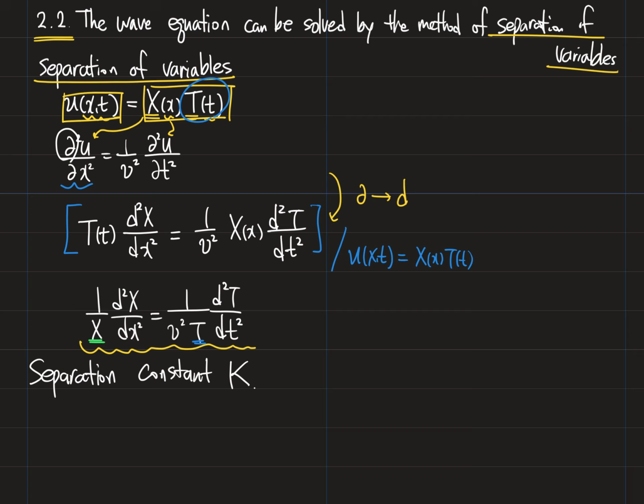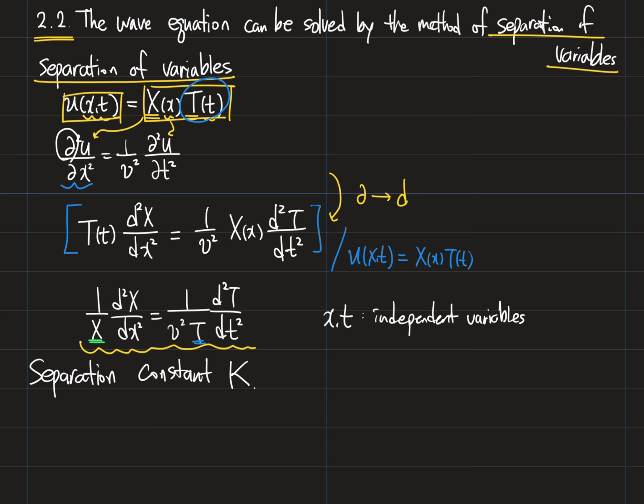We also know that x and t are two independent variables, right? There should be no correlation between the position and time. They don't have to be, right?